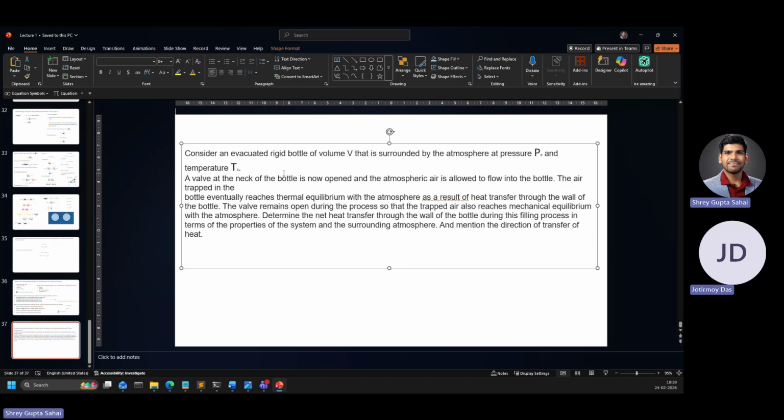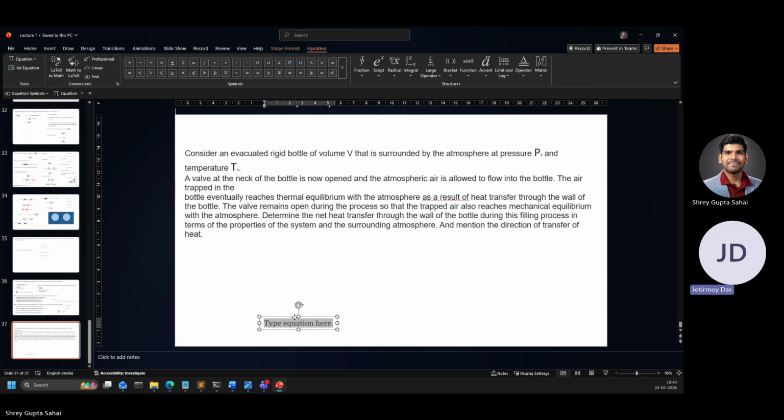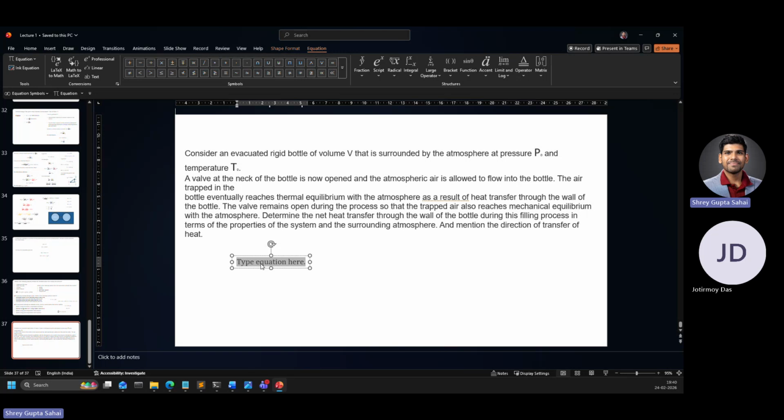So initially pressure is zero, it is evacuated. So in the initial state, everything was zero because there was no mass. What is the final state?